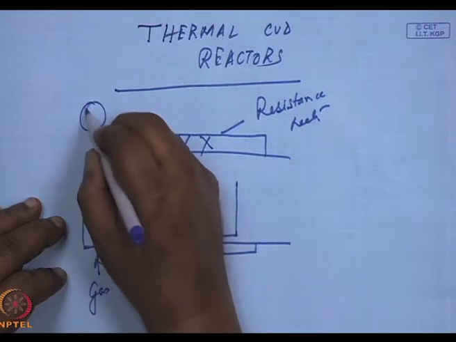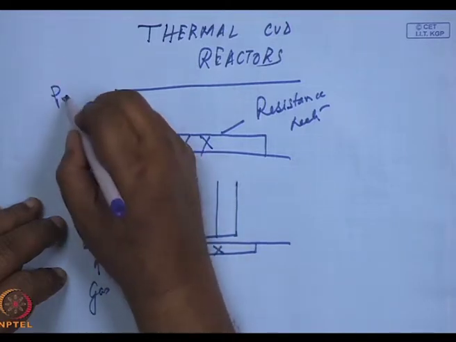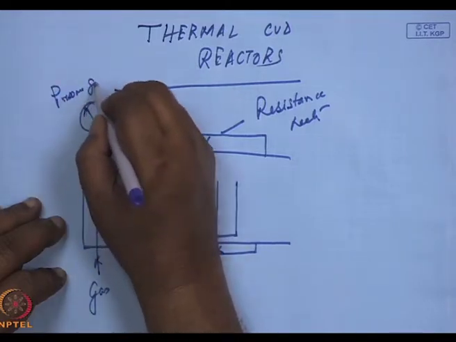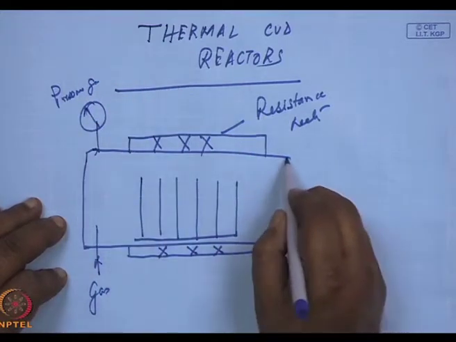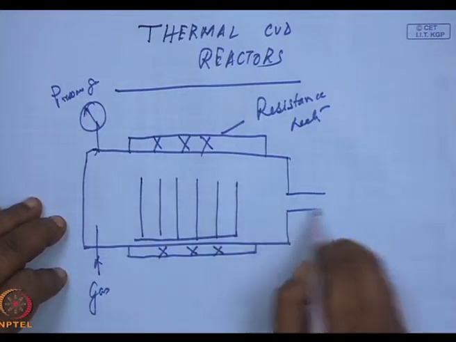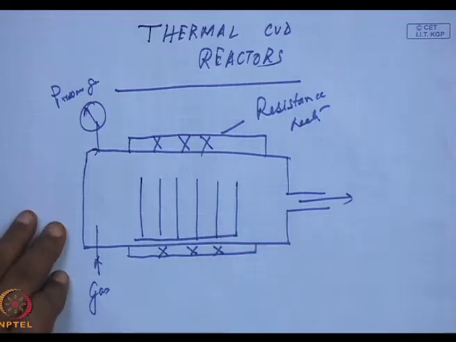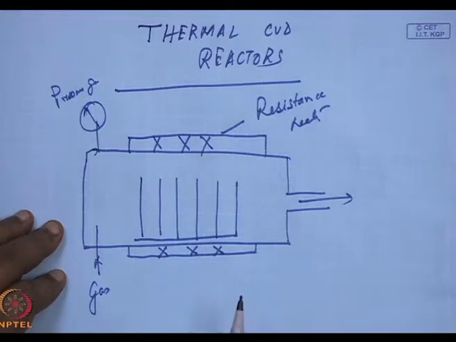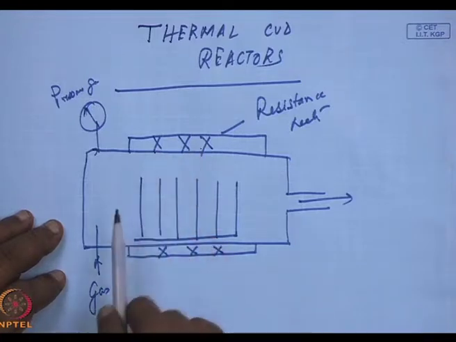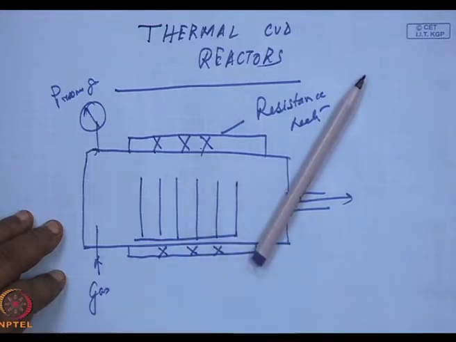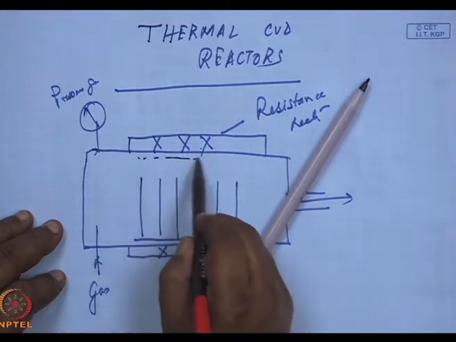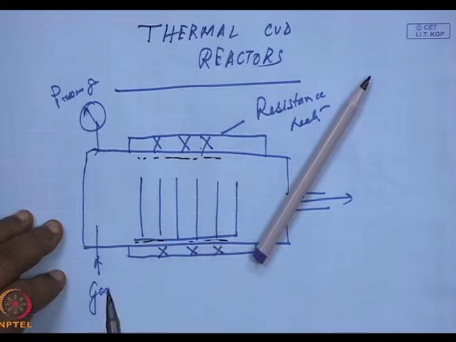There's a pressure gauge, and the exhaust is taken out from here. Now, here one of the problems is, because the resistance heaters are on the surface of the reactors, the walls will also get heated.